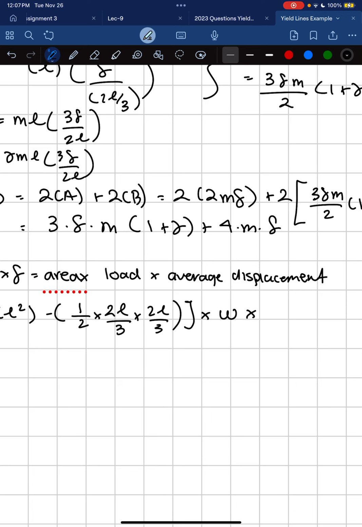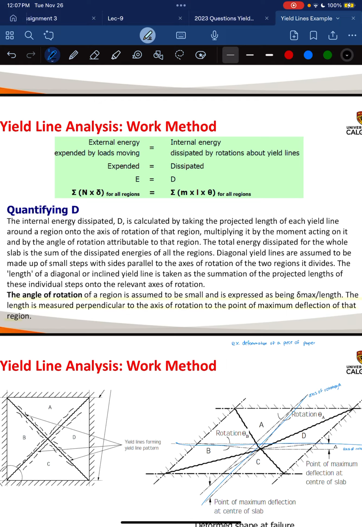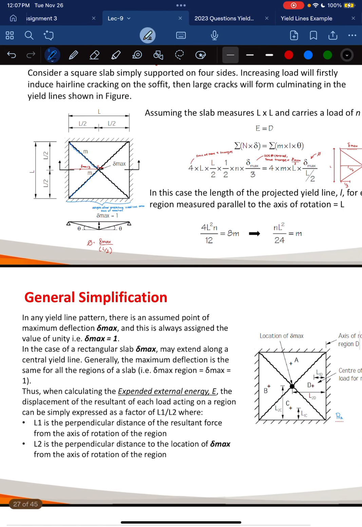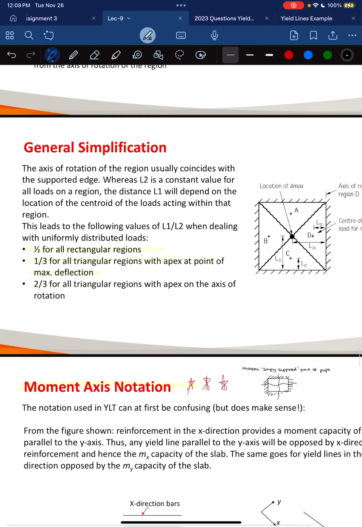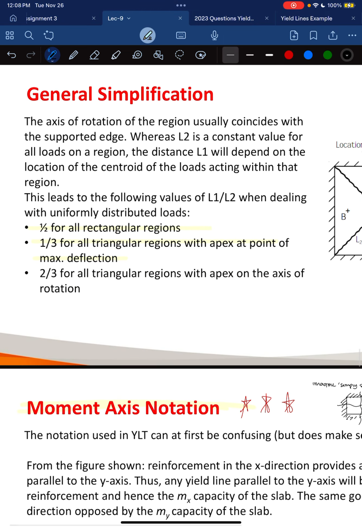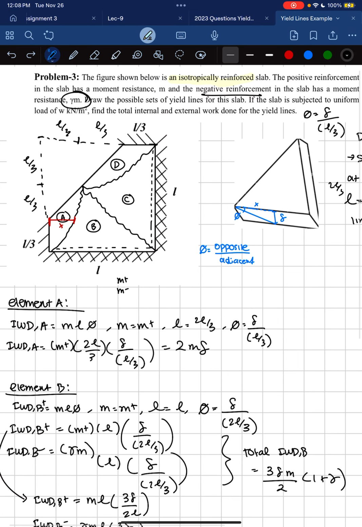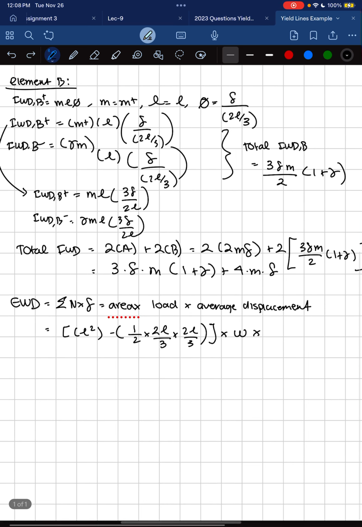Then for average displacement, go back to the notes. Down here, I think. Yeah, here. We can simplify it. So it's half for rectangles and then 1/3 for triangles. And in our case here, we just have a bunch of triangles, 4 triangles.